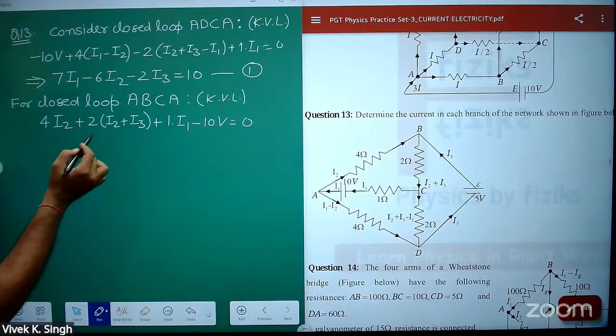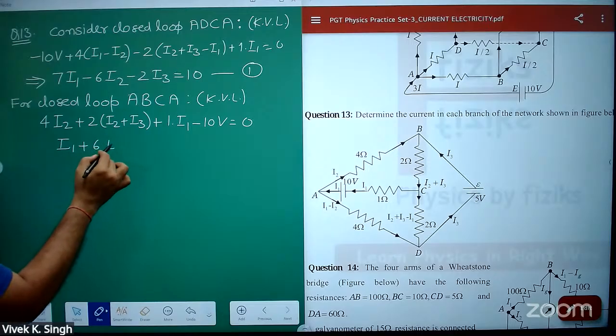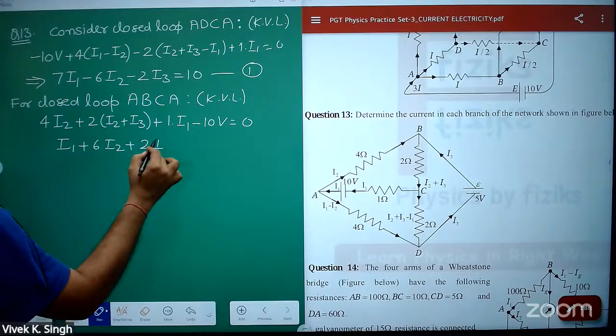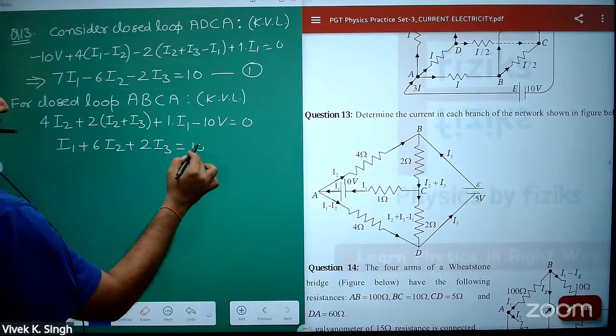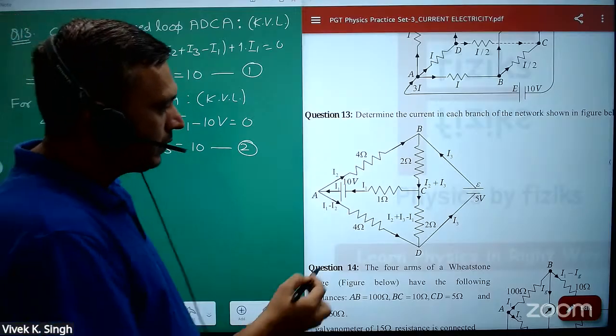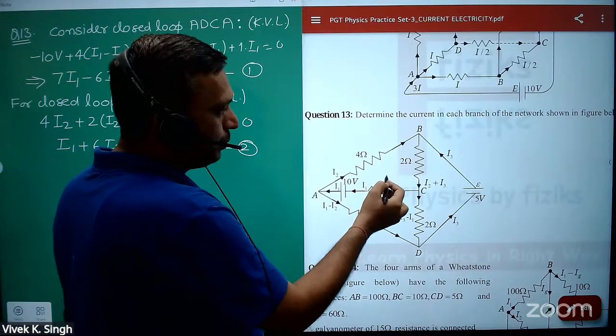So this equation will give you I1 plus 6I2 plus 2I3. Again, this is equal to 10. So this will be equation 2. So this is loop 1, loop 2.